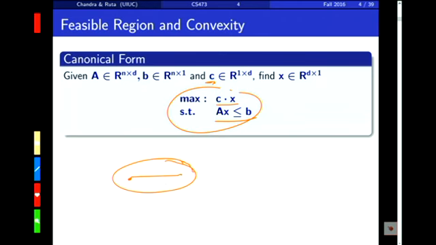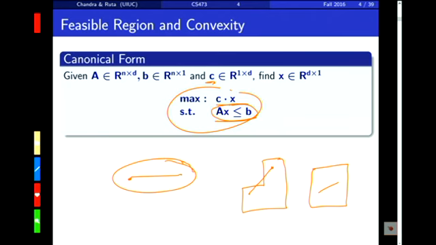So is this a convex set? No, right? Because if I take these 2 points, the entire line is not in the set. Is this a convex set? Right, this is. So we formally proved that this set of constraints forms a convex set.